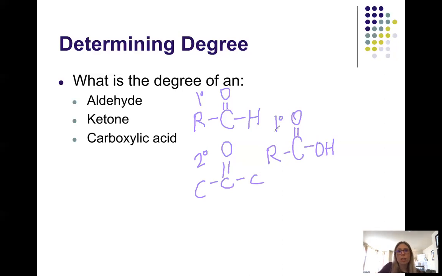So if you look at this, both our aldehyde and our carboxylic acid are going to be primary. Our ketone is going to be secondary. And again, just remember that we are going to be coming back to these. So the 2 primaries are aldehydes and carboxylic acids. This is going to become really, really important as we go through this.